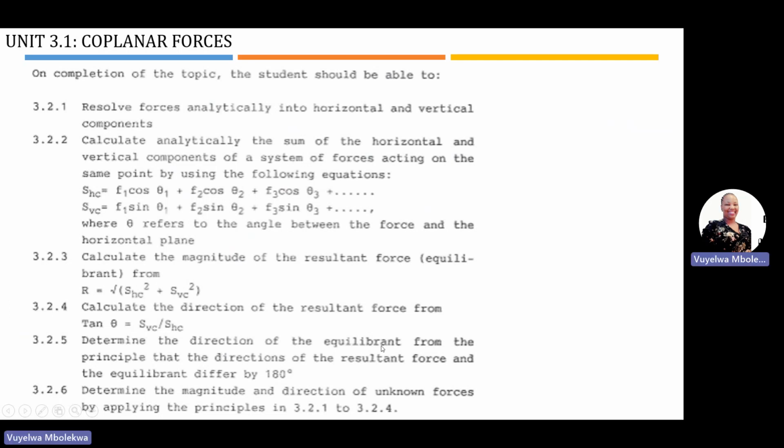Determine the direction of the equilibrant from the principle that the directions of the resultant force and the equilibrant differ by 180 degrees. So it's the direct opposite. Determine the magnitude and direction of an unknown force by applying the principles in 3.2.1 to 3.2.4. Okay, I might leave out this part for now and come back to it as a different lesson.